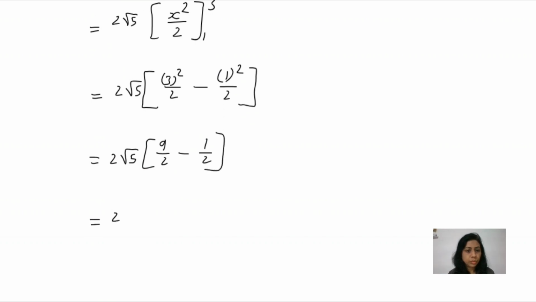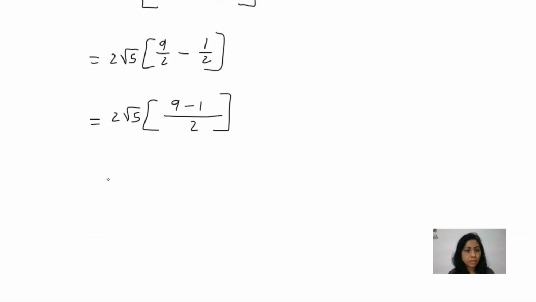So here 2 square root 5, and here the denominator is the same, so we can easily subtract the numerators. 9 minus 1 is 8. 8 divided by 2, we get 4. And 4 times 2 is 8. So the final answer is 8 square root 5.